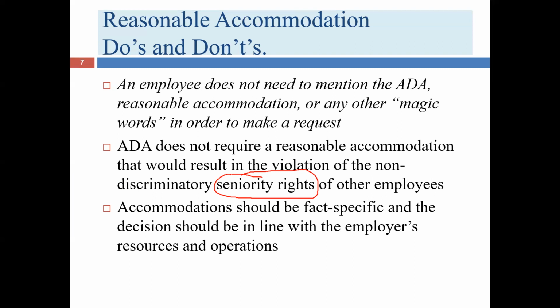So an employer can overcome the seniority rights of Bob in this scenario, but wouldn't have to. And most likely, if you had an organization that really followed seniority, you're probably still going to follow it in these situations. If you have an organization that usually follows seniority but sometimes doesn't, that would be a situation in which you might want to seriously consider giving the position to Susan instead of Bob.